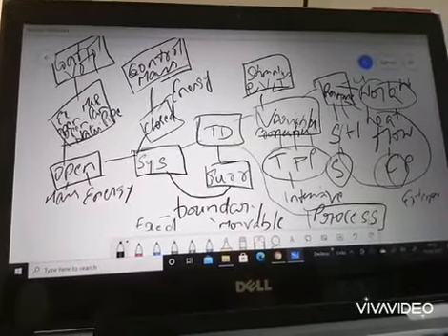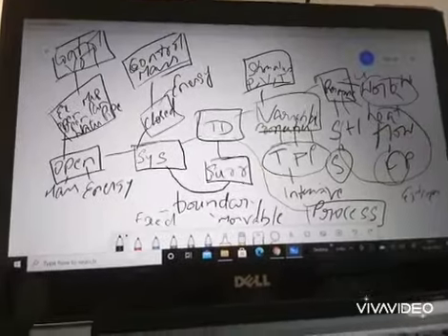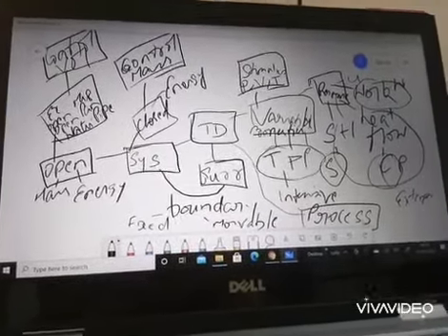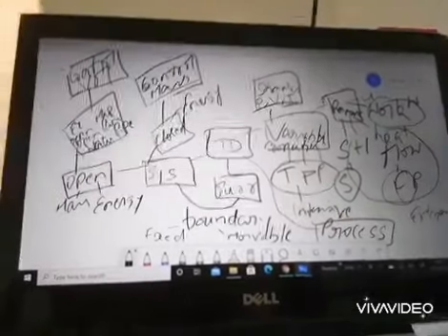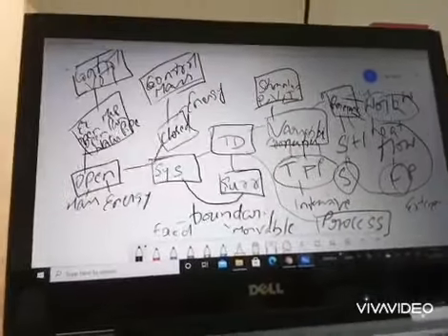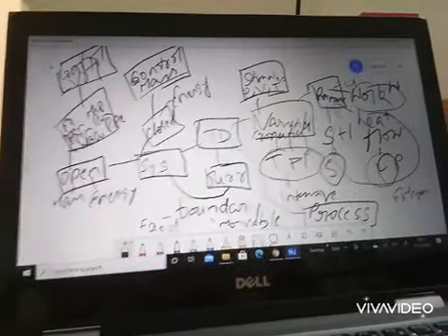Now if you are going to the gym, all of you are very active gym goers, I know that. You are going to do a shoulder press and lift weights. So you are the system of interest, an individual. Let's call him Ritik. Ritik is the system of interest.